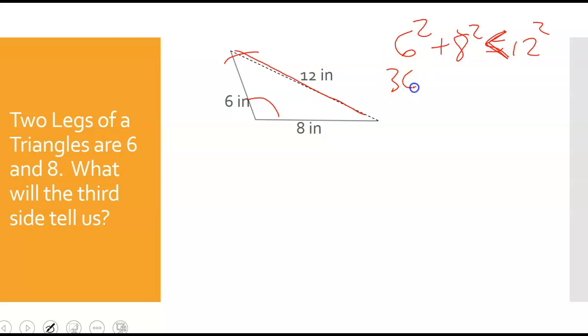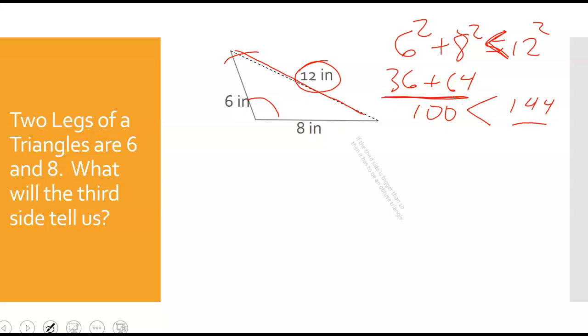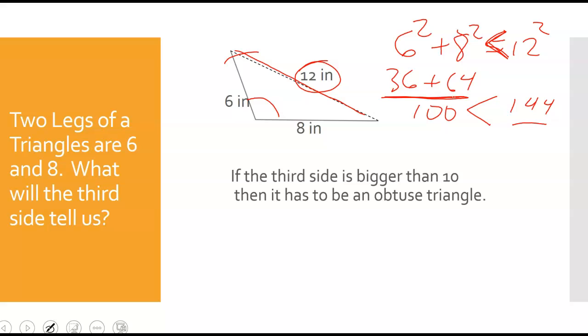If we have 36, which is 6 squared, and 8 squared is 64, that equals 100, but 12 squared is 144. So if the third side, the hypotenuse side, the biggest side squared is bigger than the sum of the two smaller sides squared, then it is an obtuse triangle.